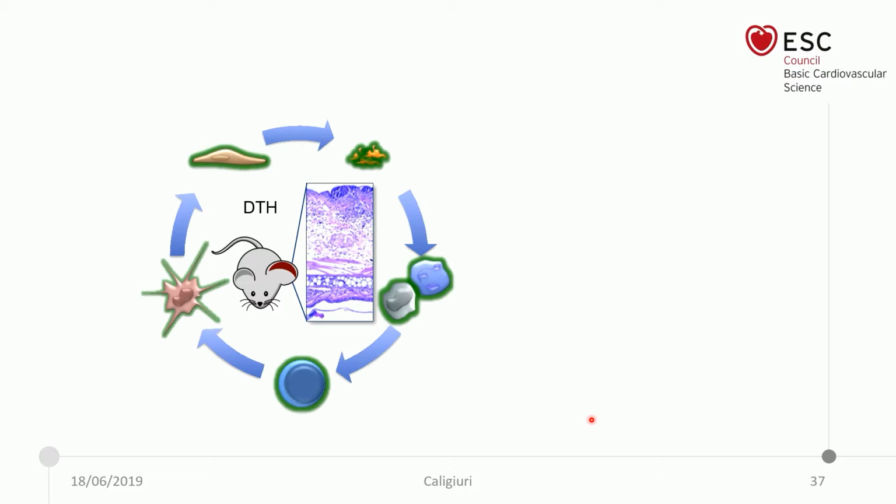I can go fast here. To be able to know if I was right, I used a model where different types of cells are involved in the immune response. This is the model of delayed type hypersensitivity. With this model, what you do is to prime with an antigen on one side, for instance, the skin of the abdomen, and 5 days later you challenge on another side.